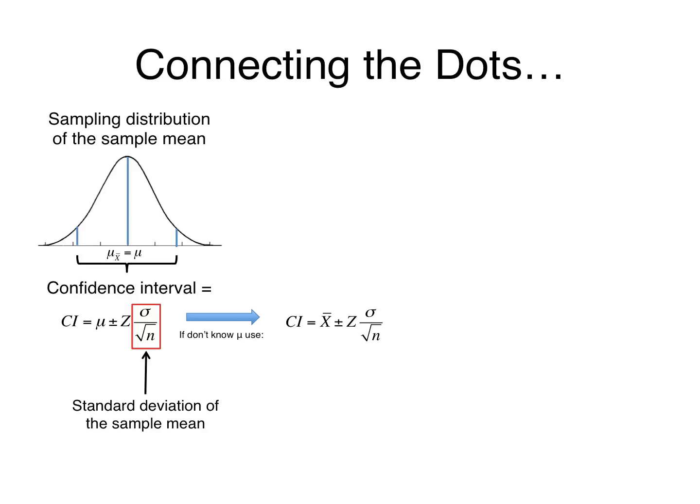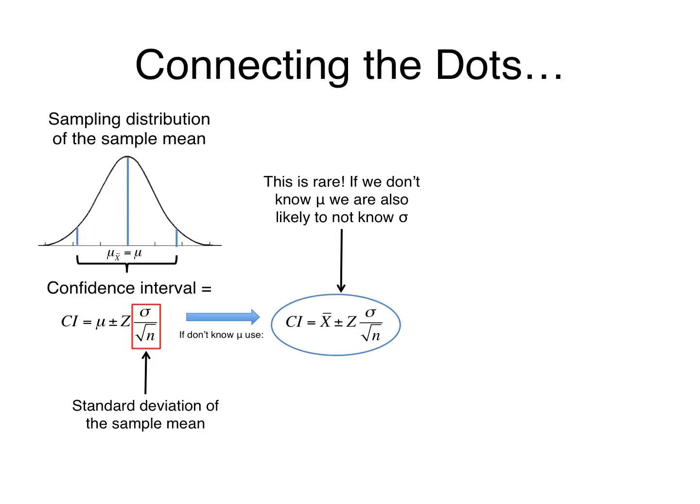In this case, our formula for the confidence interval is exactly the same as the first formula, except that we substitute the sample mean for the true mean. But this situation is extremely rare. If we don't know the true population mean, then we probably don't know the true standard deviation. And our interpretation of a 95% confidence interval in this case would be we are 95% confident that the confidence interval will capture the true mean.